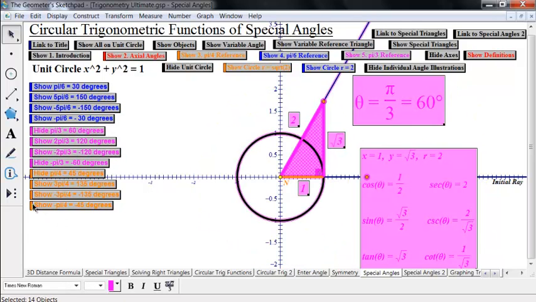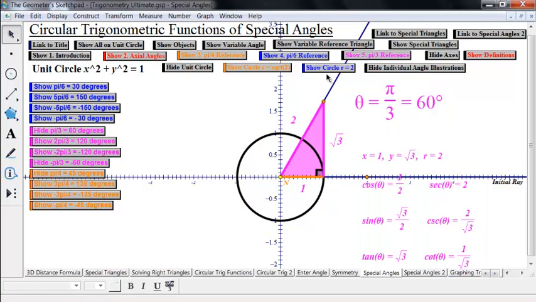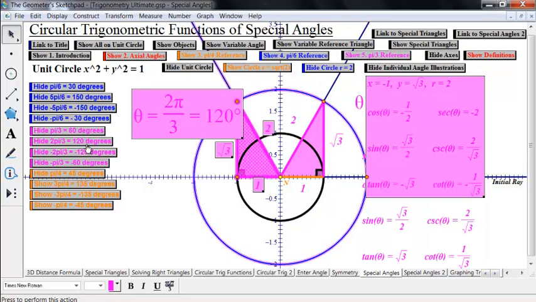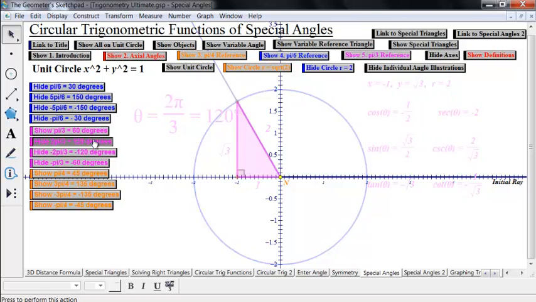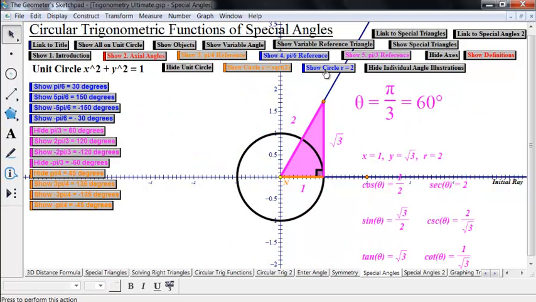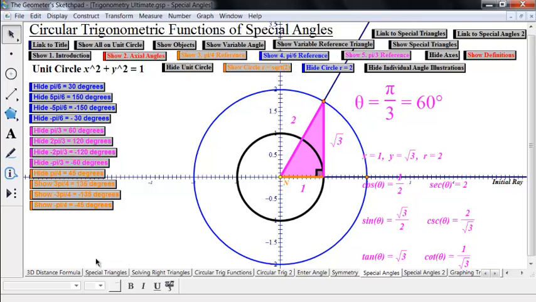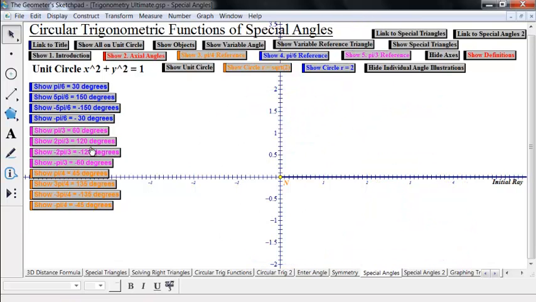Here's one on the... let's see, here's 60 degrees. I guess we want to see that circle too. So there we go for 60 degrees. There's 120 degrees.